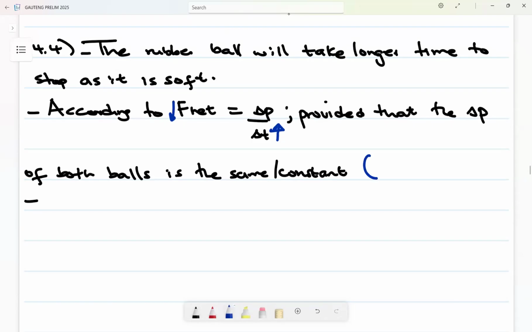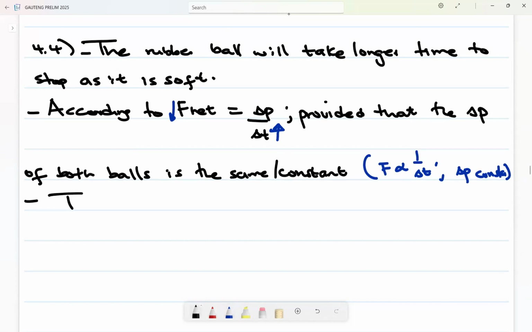Or here you can say F is inversely proportional to the change in time, provided that P is constant. It's very important that you mention that P is constant. Again, and then what's going to happen?